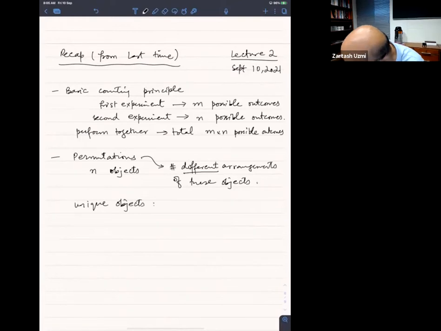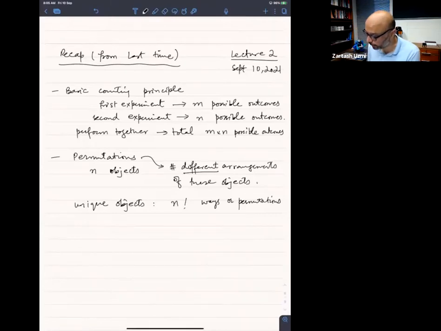If all the objects are unique, then you have n factorial ways of arranging these, or n factorial arrangements, or n factorial permutations. All of these terminologies are used. Making sure that those arrangements you get are all unique, all different from each other. So A, B, C is different from C, B, A, and so on.